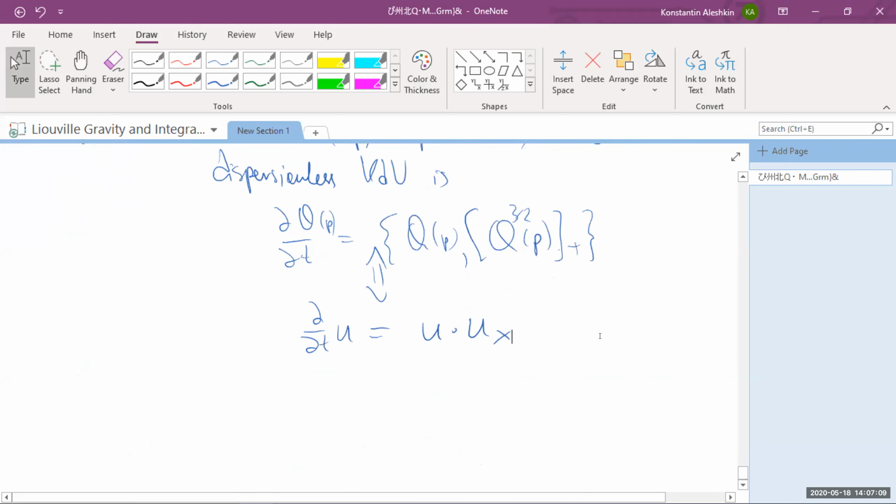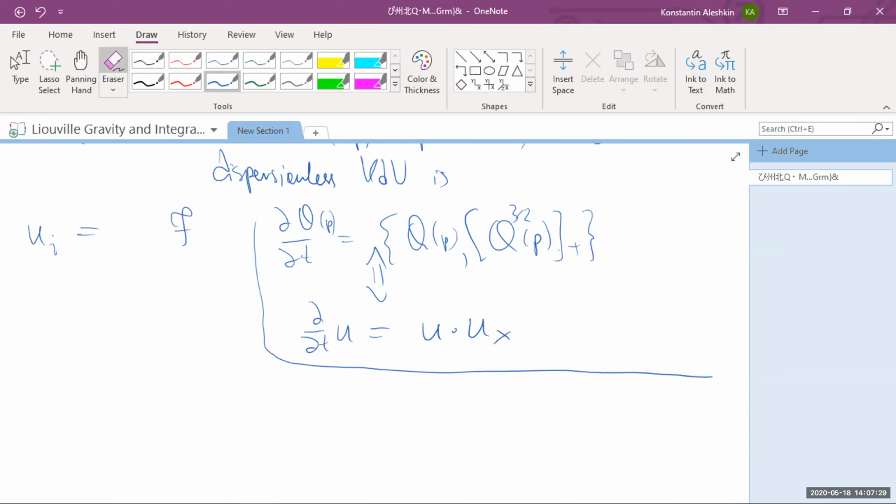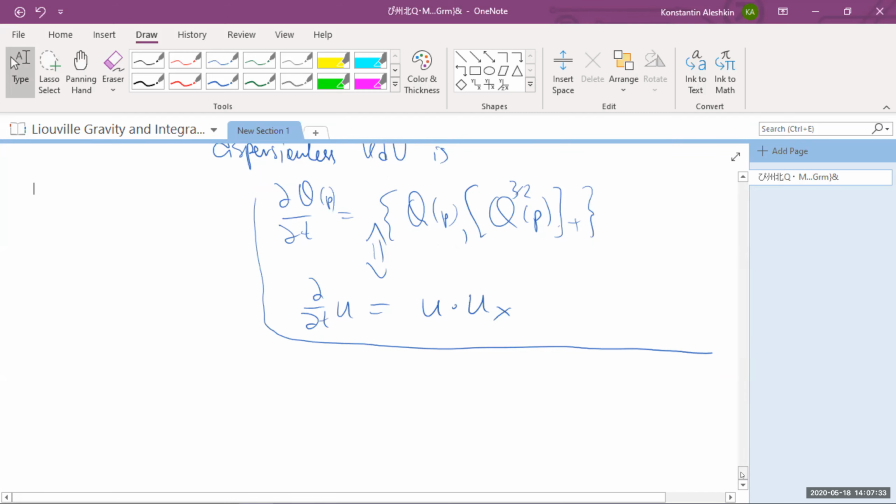So what I wanted to say, maybe the last thing I wanted to say about this, is that this Q operator can be expressed through our topological function via this Witten conjecture.